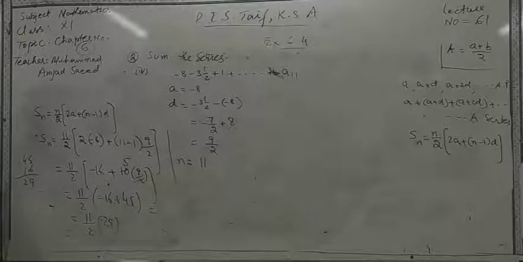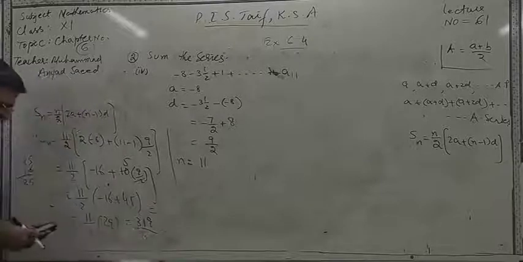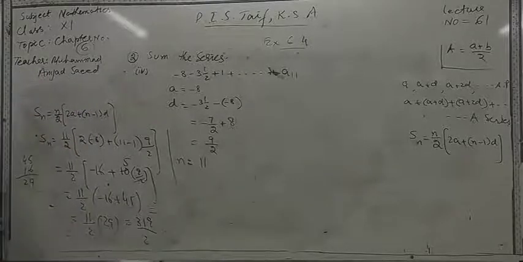So 11 over 2 into 29, we can have 29 multiplied by 11, 319 over 2. So dear students, that is your Sn, the sum of n terms according to this question.